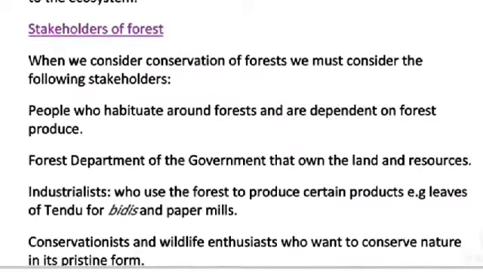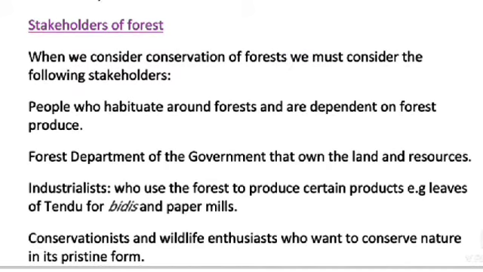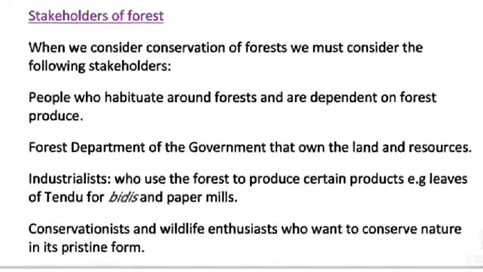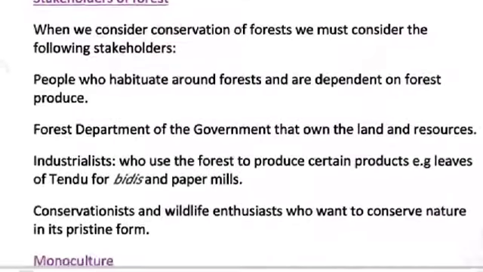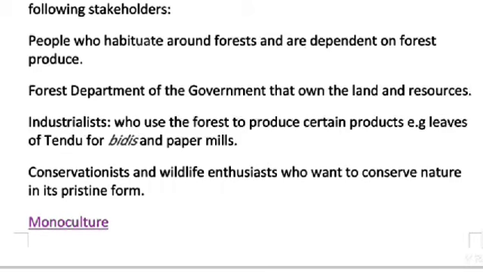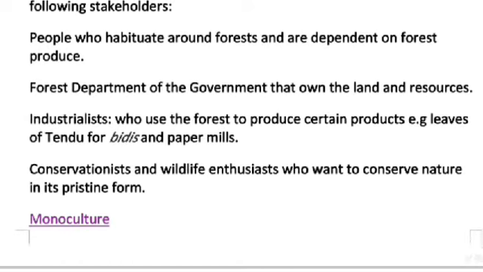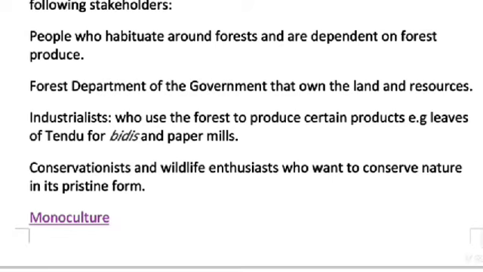Stakeholders of forest. When we consider the conservation of forest, we must consider the following stakeholders. People who live around the forest and are dependent on forest produce.